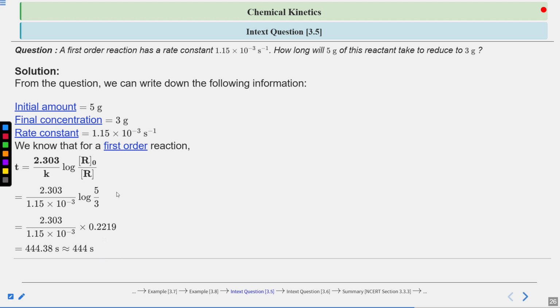So this is how you can calculate the time for the reactant concentration to change if it is given in the question, along with the rate constant. This is how you can solve it.